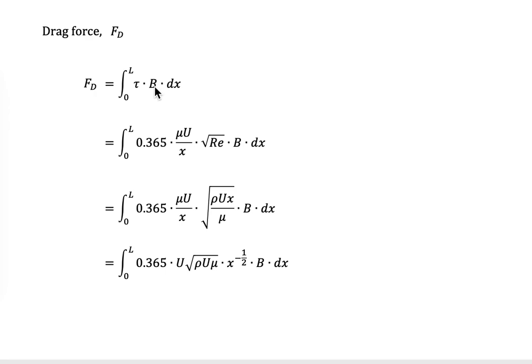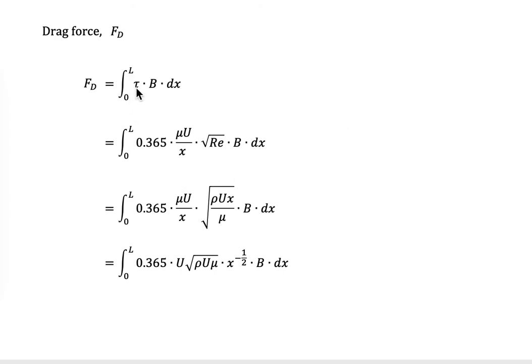B is the width of our thin flat plate and dx is the length in the x-axis, so B times dx represents the area. So tau times A gives us force. The integral limit is from 0 to L, where 0 is the origin and L is the maximum length of our flat plate.